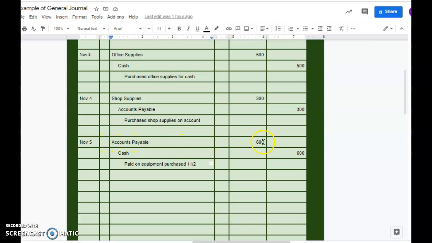We paid $600, and then we're crediting cash because we're reducing cash because we're paying on our debt. Notice we paid on equipment purchased $1,200. Notice we're reducing accounts payable. We're not increasing equipment. We're not buying more equipment. We're reducing the debt. So that's why we debit accounts payable.